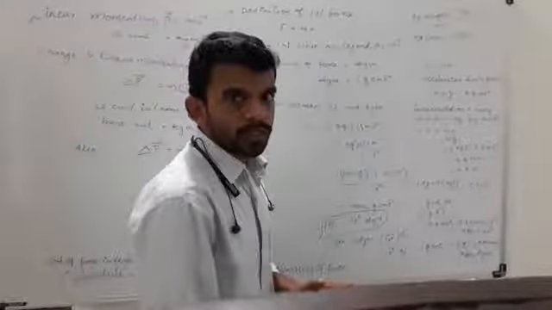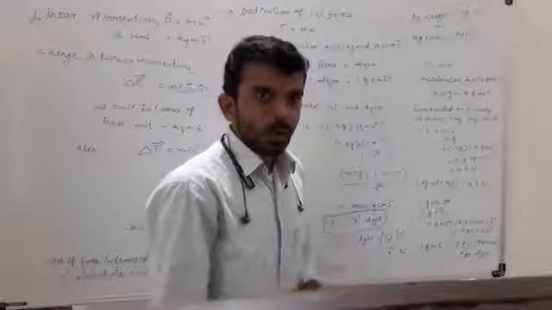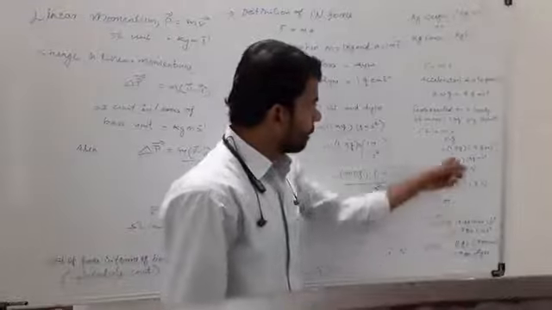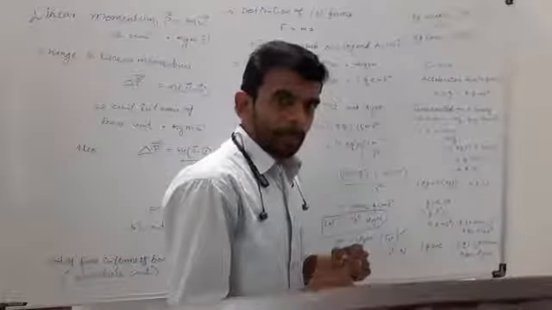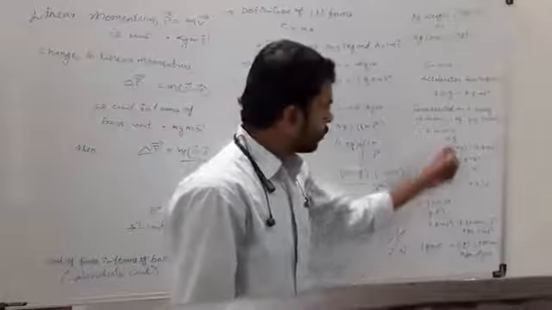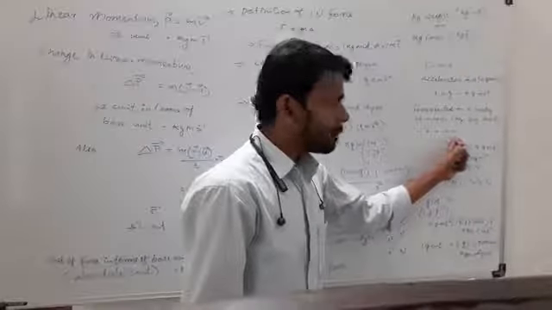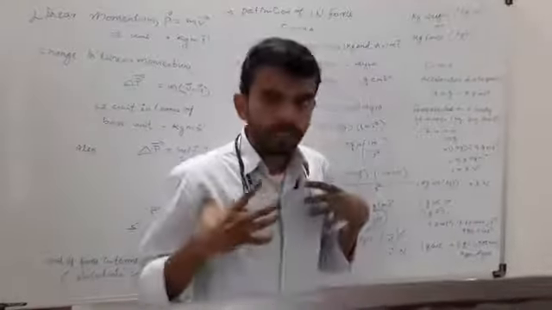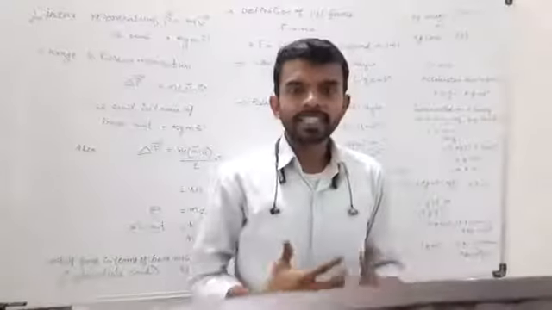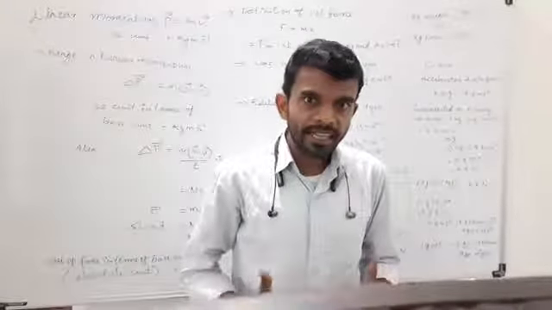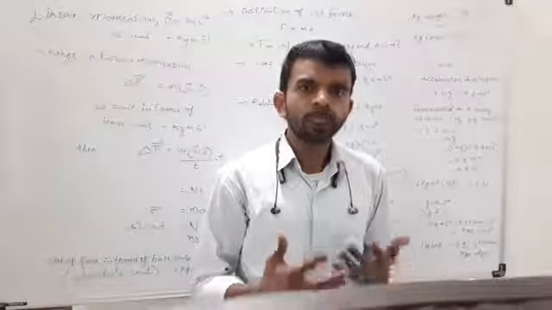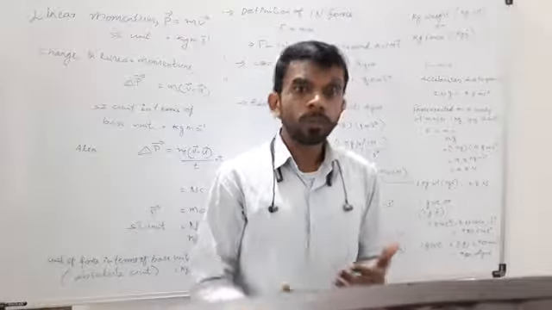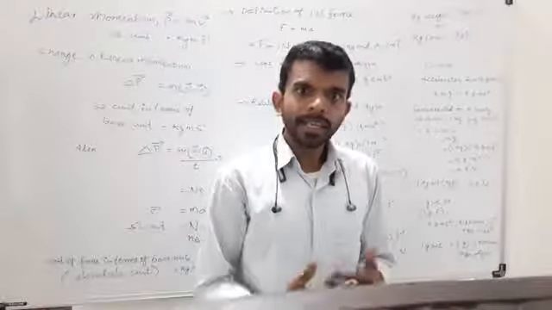What is the force exerted by Earth on a body of mass m? That is mg. For example, if I have mass m, then the force exerted by the Earth on me is mg. If you have a mass m, then the force exerted on you by Earth is mg.